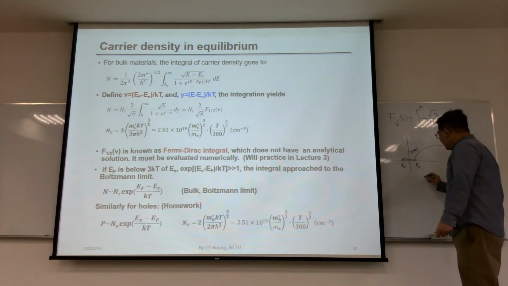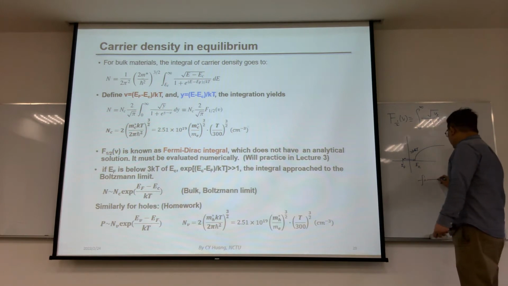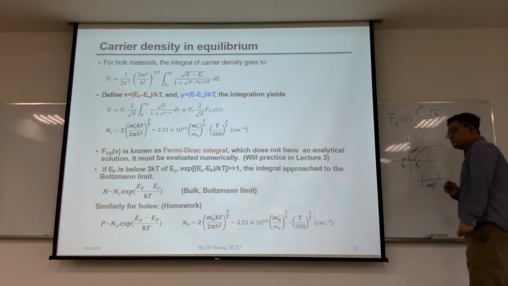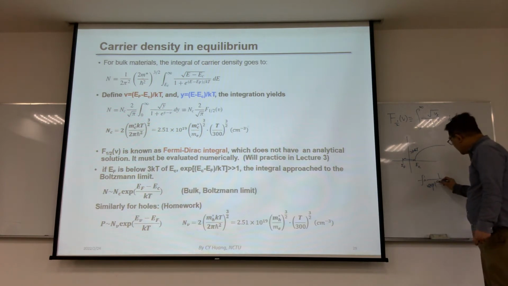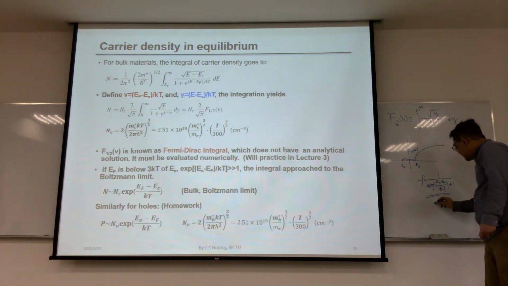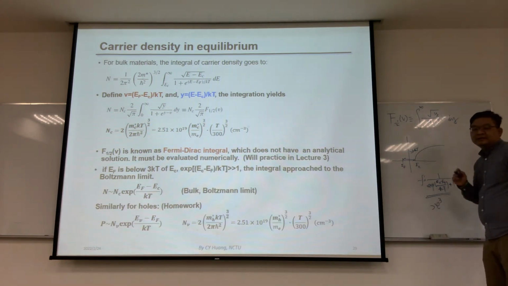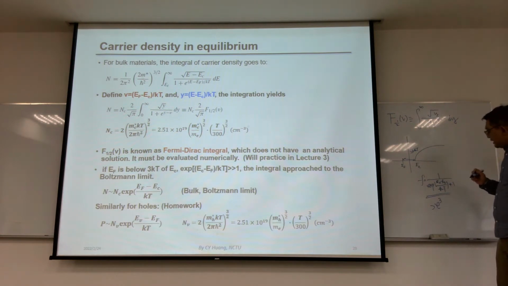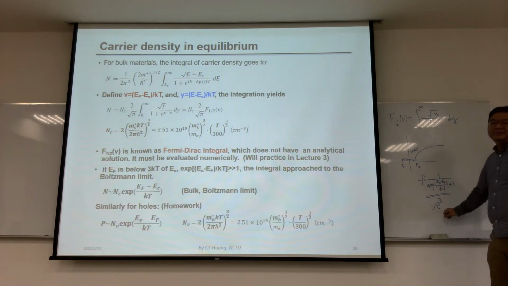That means f of E, 1 over exponential of EC minus EF over kT plus 1, this part is larger than e cubed, and we can say that this is much larger than 1.